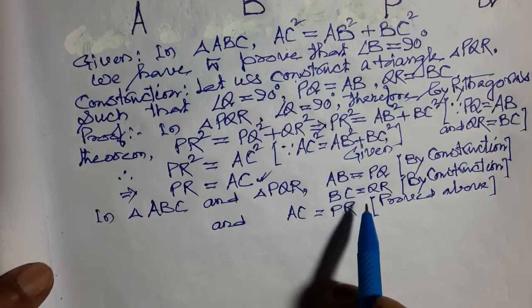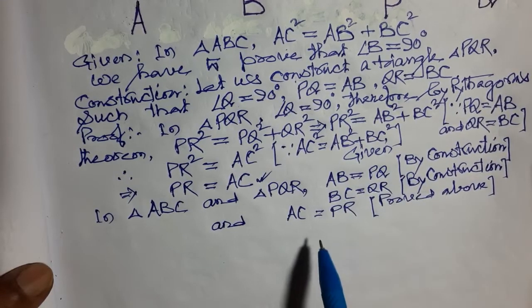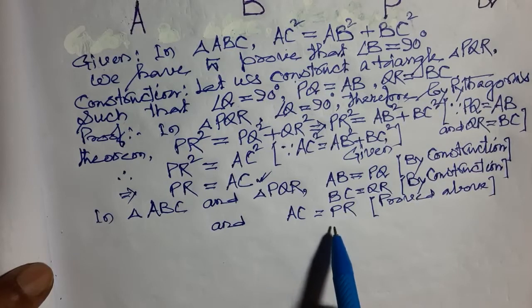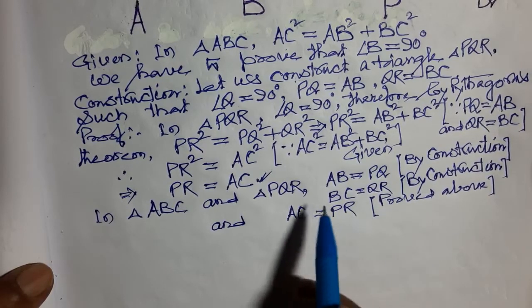BC is equal to QR by construction. And AC is equal to PR, proved above.